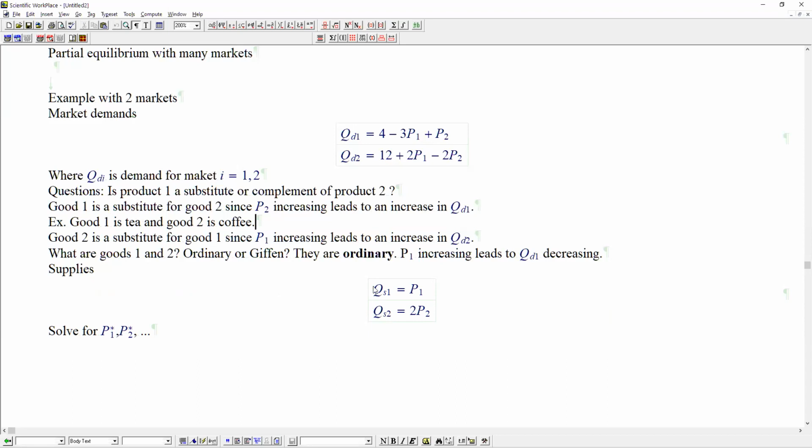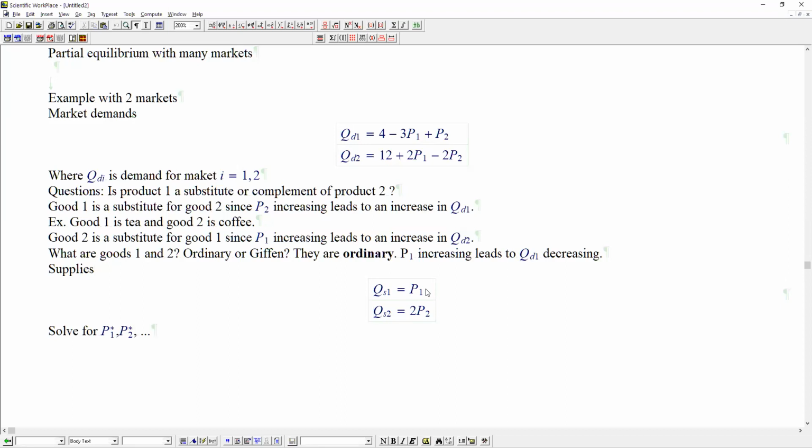What we're saying here is that coffee supply doesn't depend on tea's price, which makes sense because supply just depends on what it costs me to produce, and what income I can get. My income is directly dependent on the price of my product, but it doesn't depend on the price of the other product. All right, so let's solve this quickly.